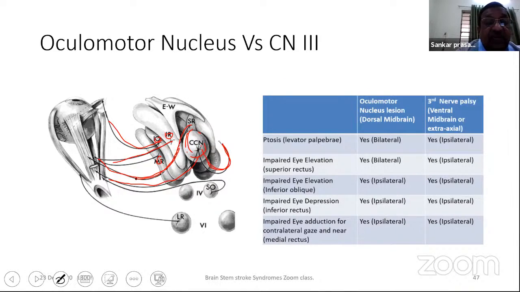In this, inferior rectus, inferior oblique, medial rectus are supplied ipsilaterally from the same side, whereas superior rectus will come from the opposite side. Like that, the fourth cranial nerve, as I said, also decussates at the origin. The lateral rectus, the sixth cranial nerve, is again ipsilateral. So in this case, the bilateral ptosis suggests that this part is also involved.